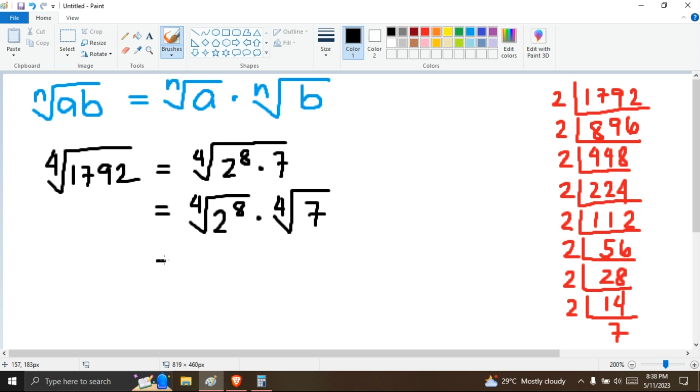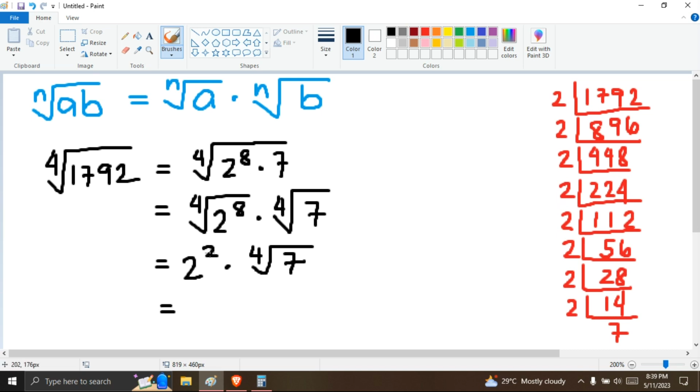So all you have to do is to copy the radicand na 2, then i-divide nimo 8 divided by 4, that is 2. So that is 2 squared, then times the fourth root of 7. Ang fourth root of 7, dili na siya ma-extract. Okay? So that is equals.